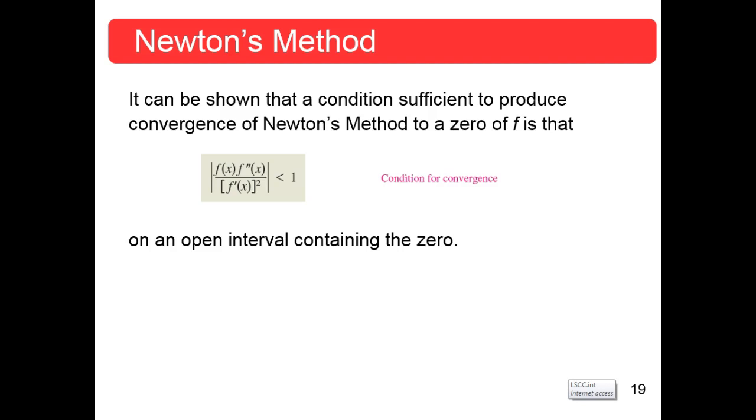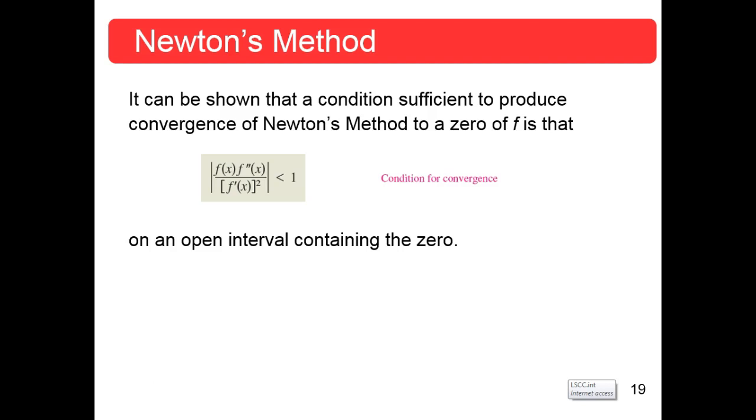You're going to converge on an open interval containing a zero. Now, you have to know the open interval contains a zero, but if you can get the absolute value of that to be less than 1, that's going to work.